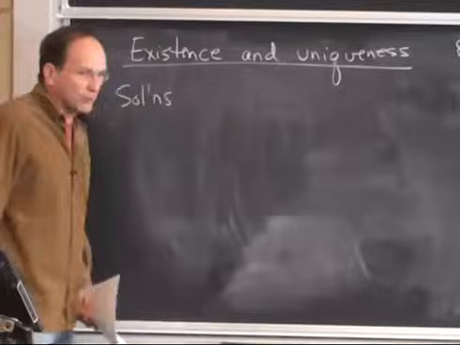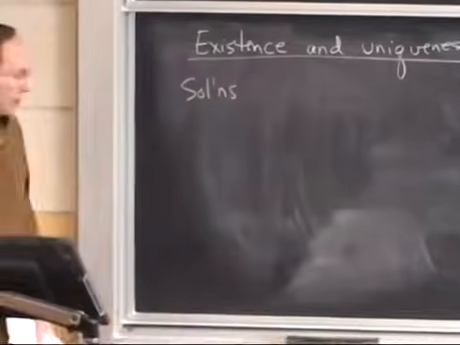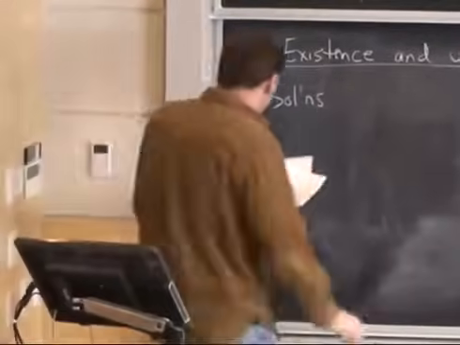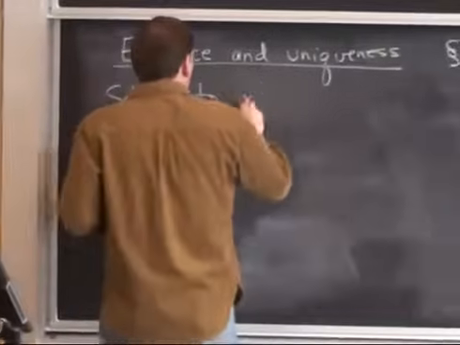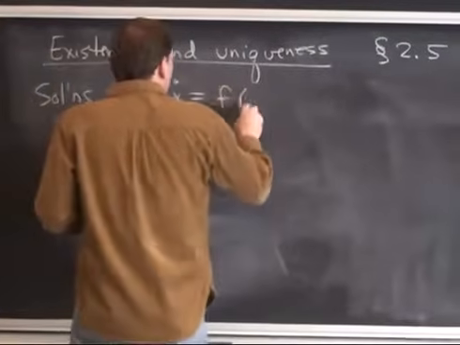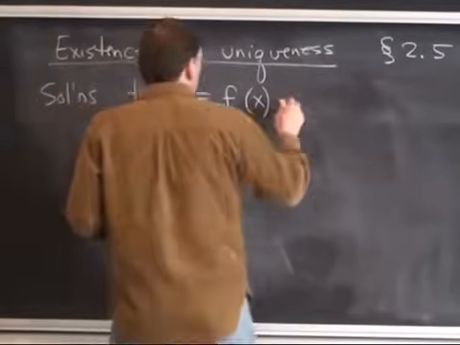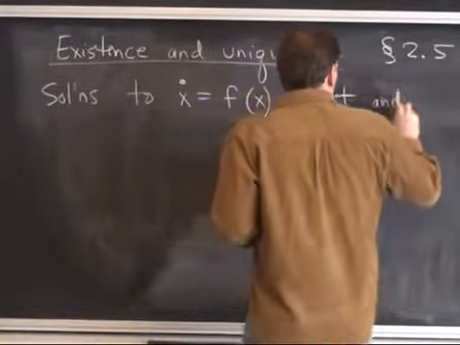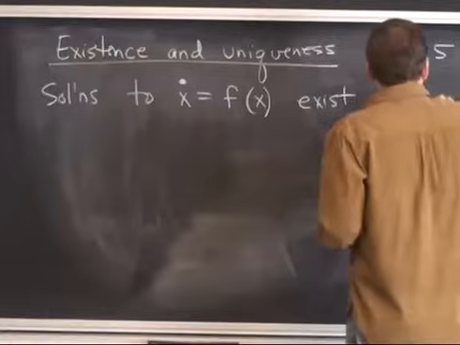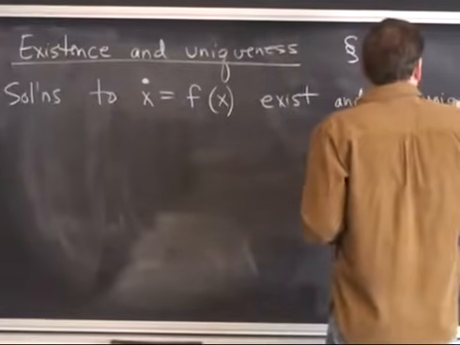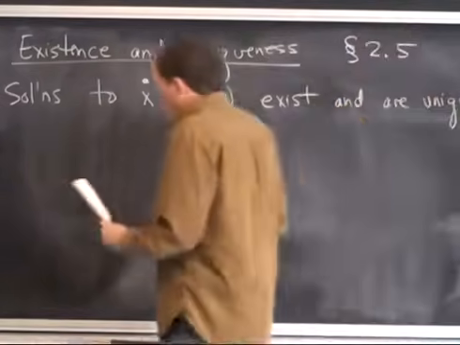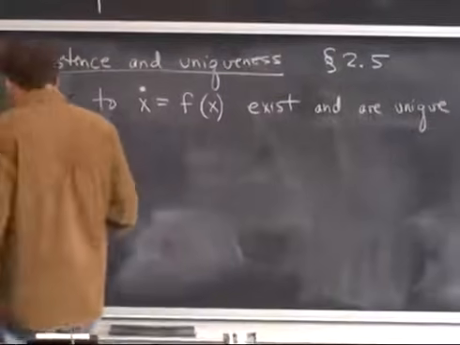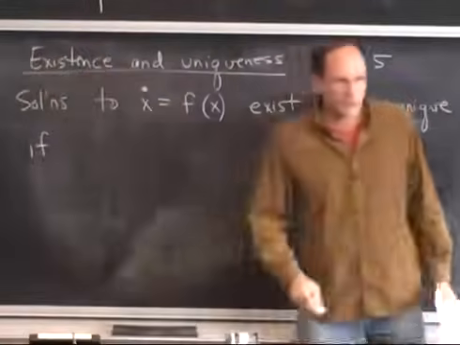There's a theorem that you would prove in a rigorous differential equations course that says that the solutions to x dot equals f of x do exist, and they are unique if, I mean, these are not the best possible conditions I'm going to give.